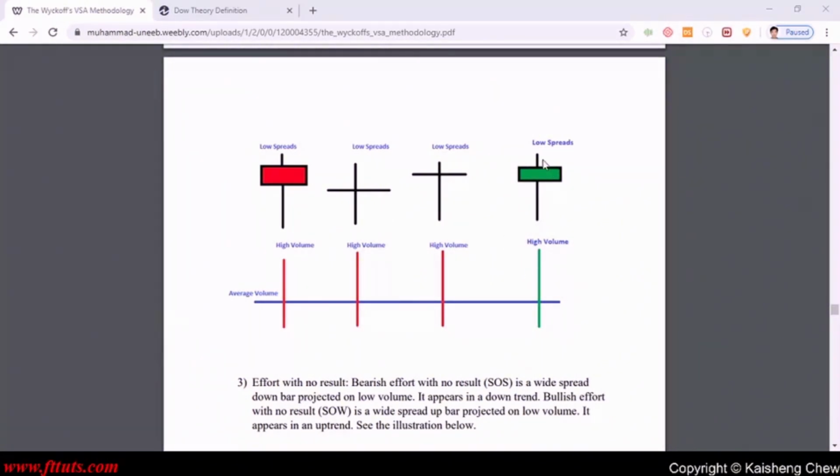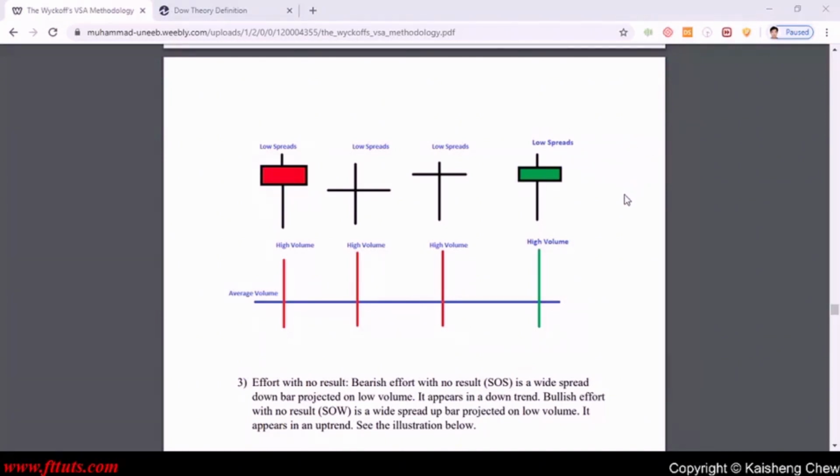A smaller spread bar should have a smaller volume, but if there is high volume, say this is a doji in a downtrend, it means something is fighting against it with strong, high volume, so there is a chance to reverse, if coming from a strong downtrend.